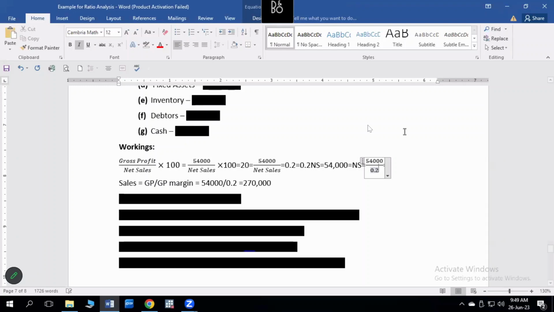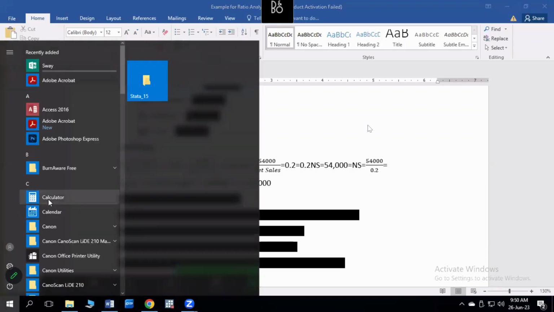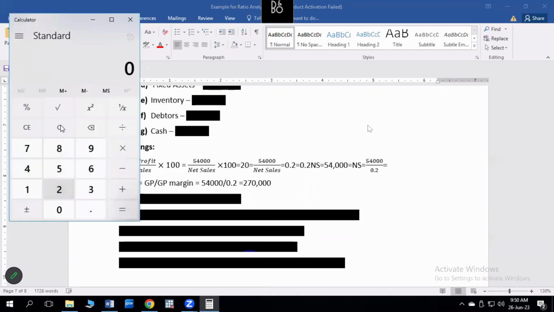If you divide 54,000 by point two, so what can you get? 54,000 divided by point two.